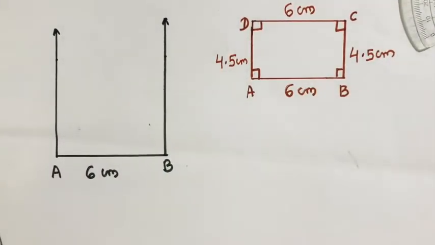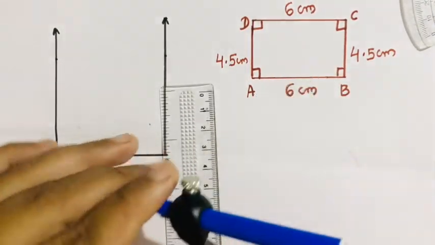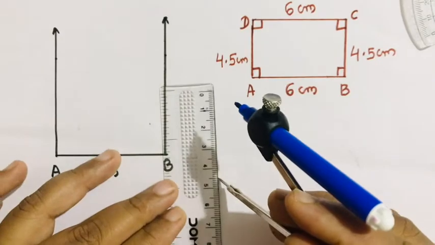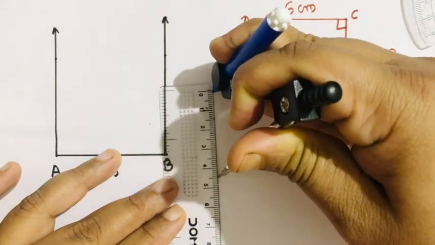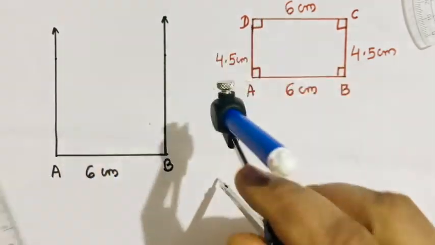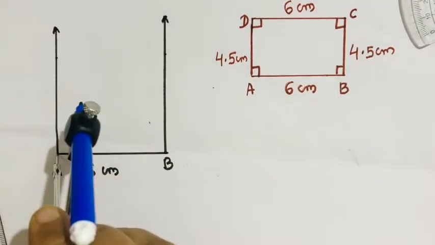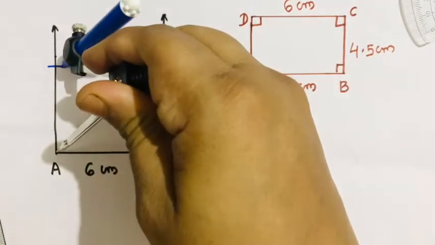Now take a distance of 4.5 cm on your compass. Keep the steel point at point A, draw an arc.